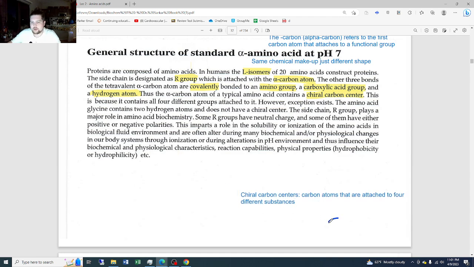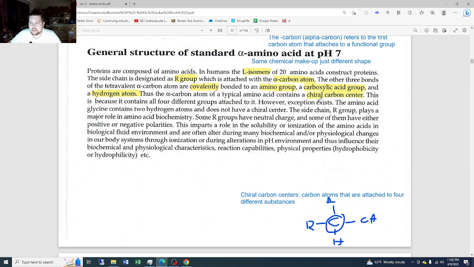So that means we have a carbon, and let's say we have our amino group, our carboxylic acid group, our hydrogen, and our R group, right? So it's connected to 4 different things, a chiral carbon center. And these are what we'll see within our amino acids, because it contains all 4 different groups attached to it.